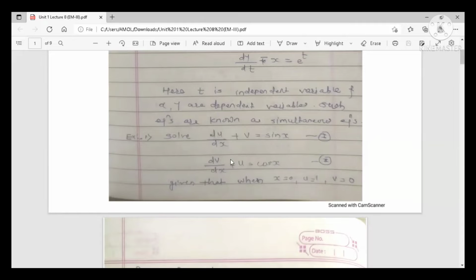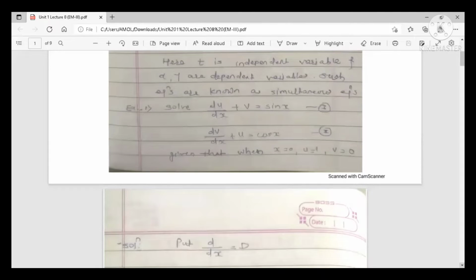We solve simultaneously, given that when x is equal to 0, u is 1 and v is 0. These initial conditions are given. Using initial conditions, we can remove the arbitrary constants. After finding the general solution, we will discuss these initial conditions. Now, how to solve these simultaneous differential equations?